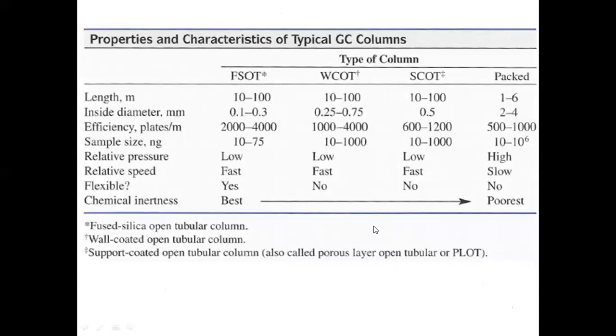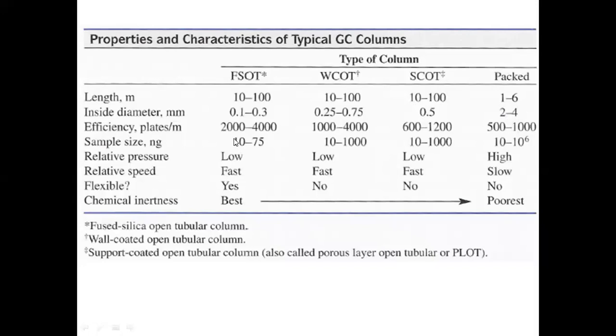This slide represents the advantages of each of the different columns: fused silica open tubular columns, wall coated open tubular columns, and surface coated open tubular columns, and their performance characteristics are compared with the packed column. You can see the length of a fused silica open tubular column is up to 100 meter. The packed column is only up to 6 meter. Inside diameter is very small, 0.1 to 3, less than 1 millimeter in all three, but the packed column is 2 to 4 millimeter.